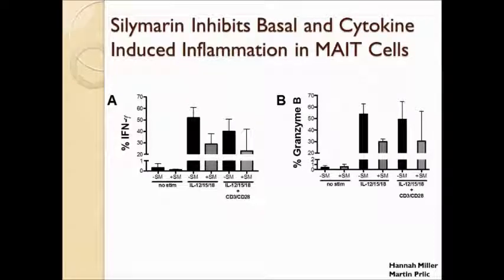And you can see that the cytokine stimulation induced the production of interferon gamma and granzyme B, and silymarin suppressed that induction. So these data go along with other data that we have in the lab, indicating that silymarin can suppress the basal inflammatory status of immune cells, and cytokine-induced inflammation.